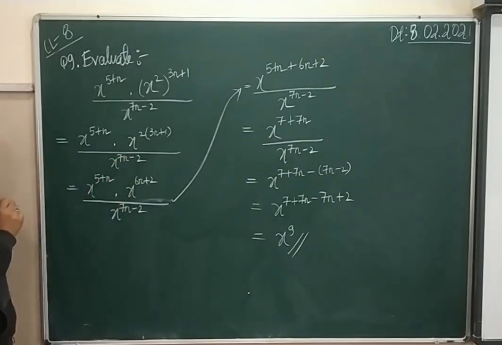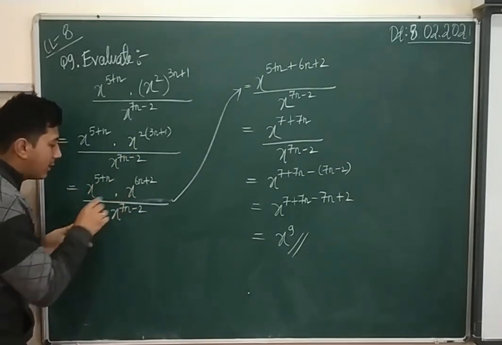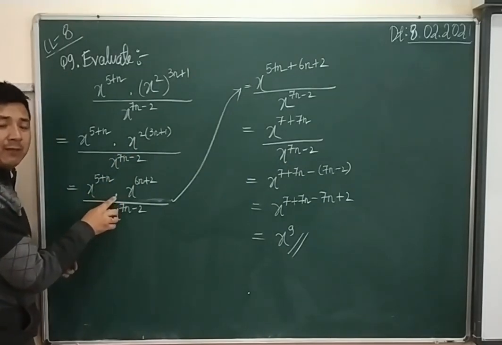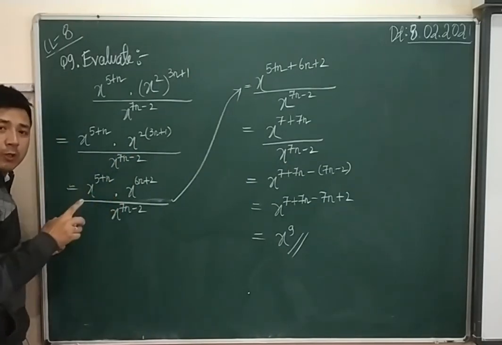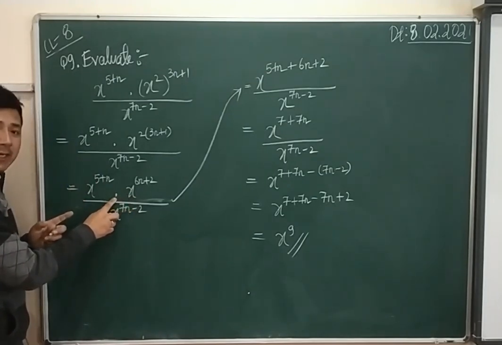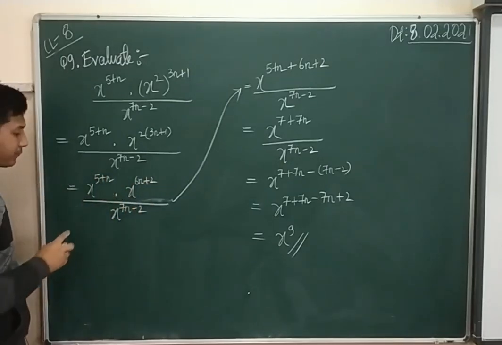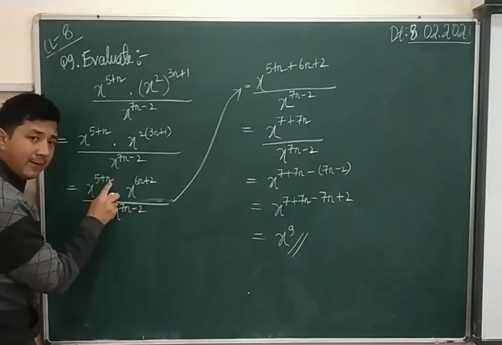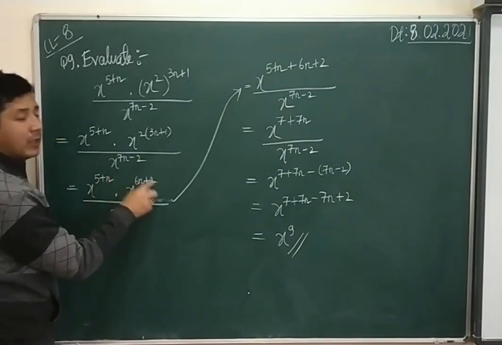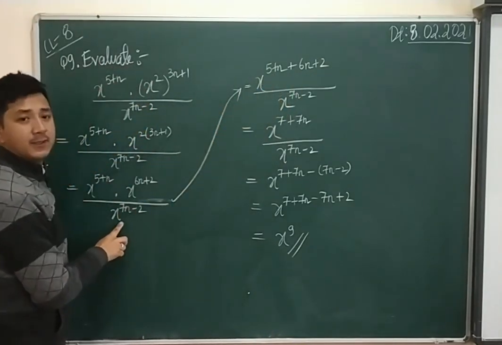Okay, now what we can do is, you can see there is x, in between there is multiplication. So hence again we can use the product law. The product law means if the bases are the same, if in between there is a multiplication sign, I can always add the powers. So x to the power 5 plus n plus 6n plus 2, which is this divided by the same.